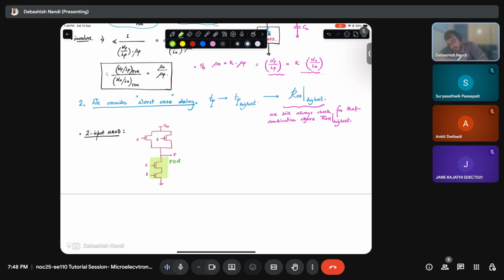And let's say this is my PUN. So what will be the size of PDN? Let's say PDN size is 1. So what will be the size of PUN? PUN size will be K, right? This is coming from this factor.